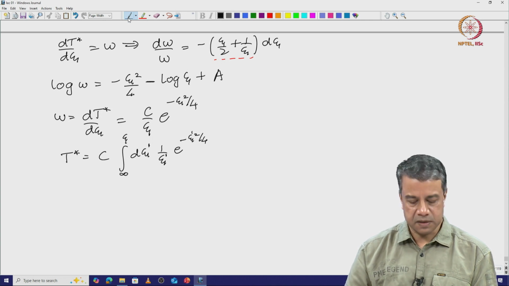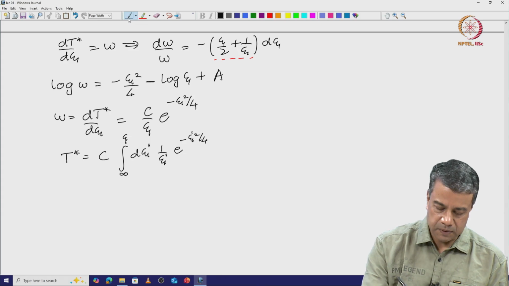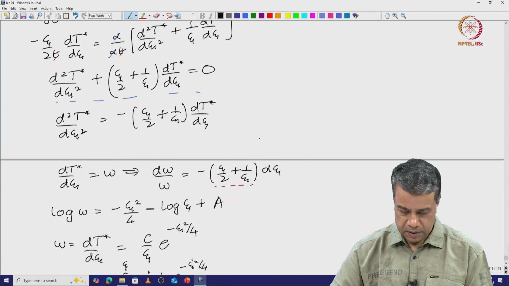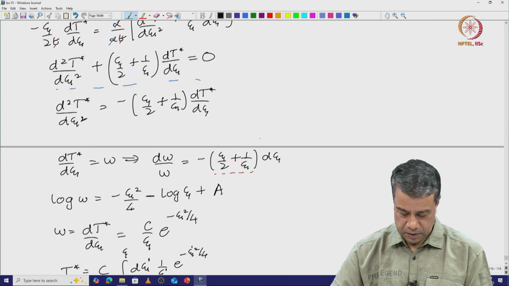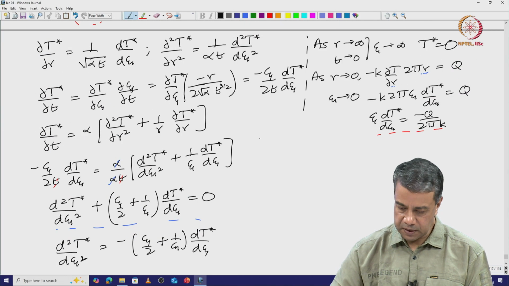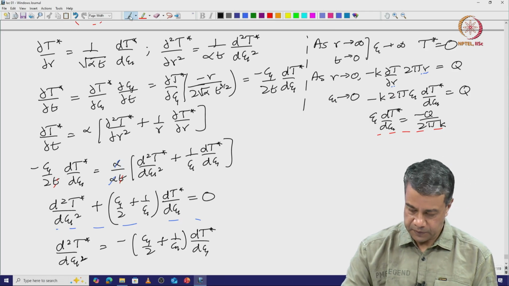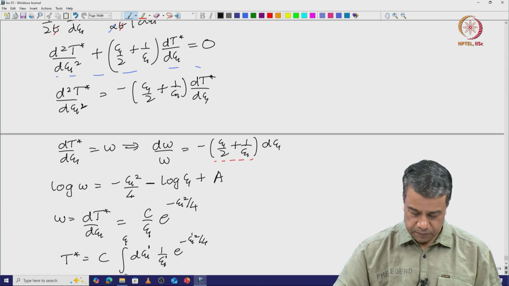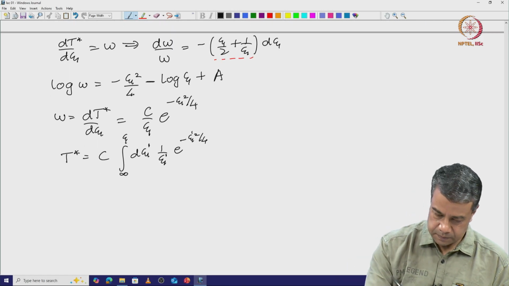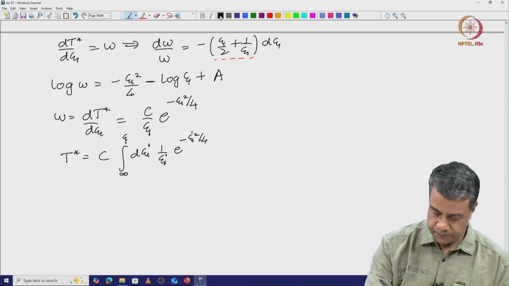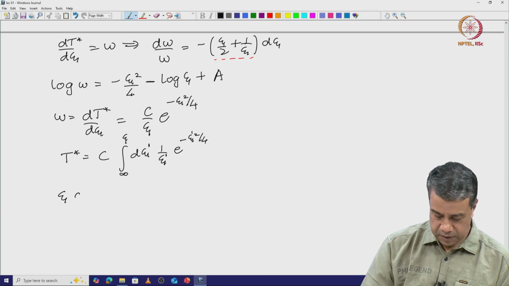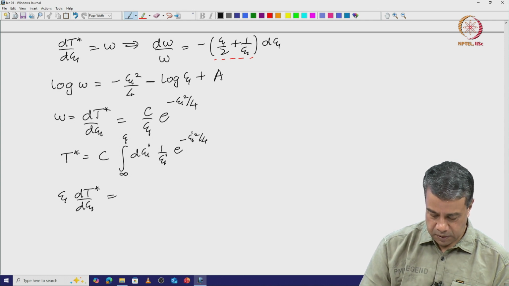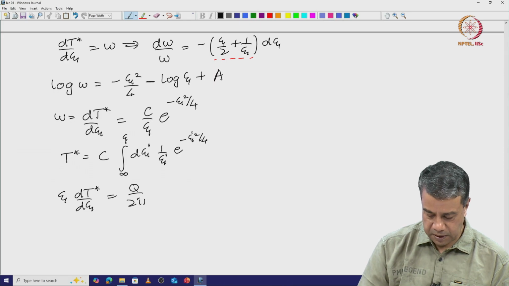How do we determine the constant c? Recall that we had this particular condition: psi dt star by d psi is equal to q by 2 pi k.